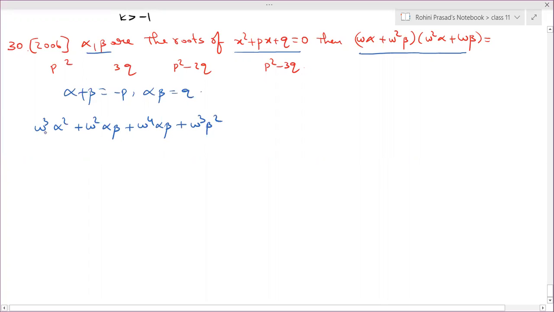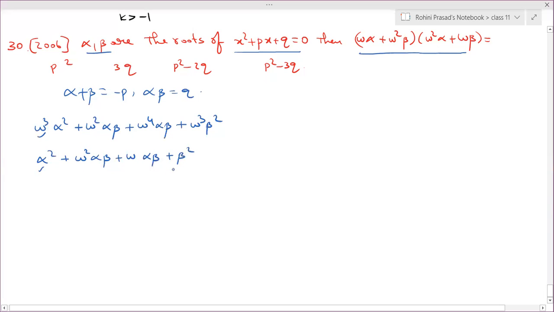So omega cube is 1, alpha square, and then omega power 4 is omega, plus omega alpha beta. Omega cube is 1, so beta square.